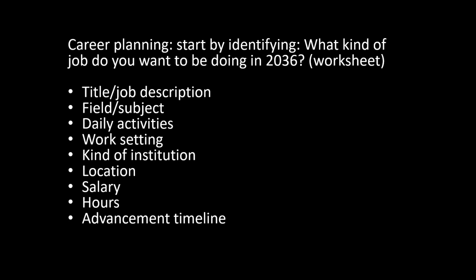Do you want to be in a major city or not, or does that not matter to you? Do you want to be in the United States or somewhere else? What kind of advancement timeline are you interested in? Do you want the kind of position where you know exactly what the sequence is to work up in that field, or is that not as important to you? So you're going to fill out this worksheet to get you thinking about what you want for the future, so that you can start to plan how to get there.